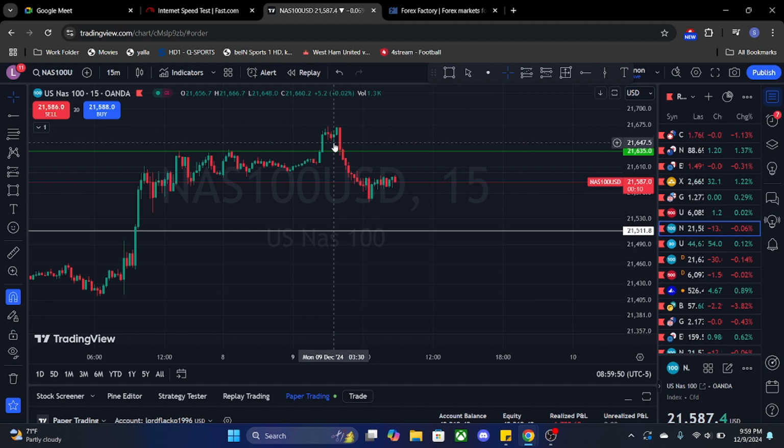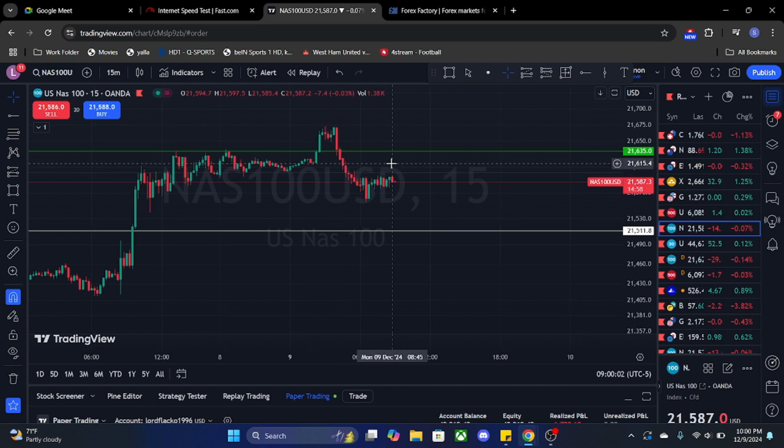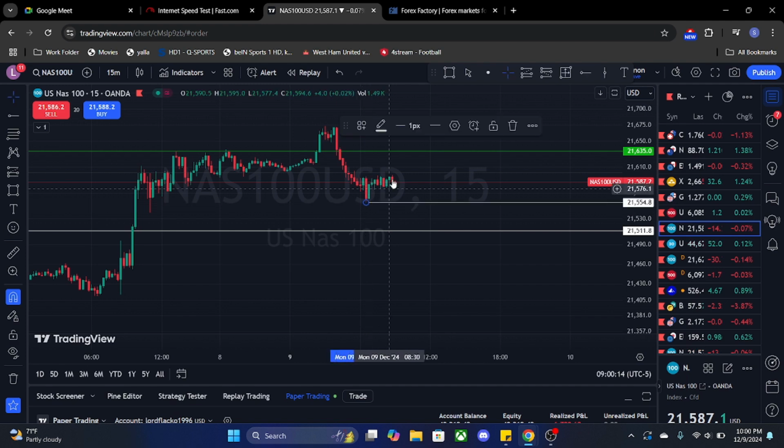That will be New York. So we made a change in the state of delivery, which we closed below here. Then we continued. I'm not looking for price to come above here, but any kind of retest of here, I would try to use this as my target. So this would be my sell side liquidity.